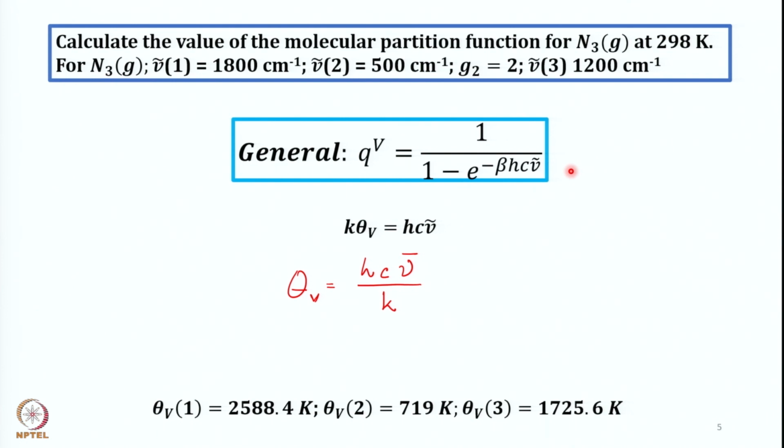Once again, first you focus on the lowest wave number. The lowest wave number will give you some vibrational temperature, and if that vibrational temperature is higher than the experimental temperature, that means the high temperature approximation cannot be used, because the other vibrational temperatures are anyway higher than 719 Kelvin.